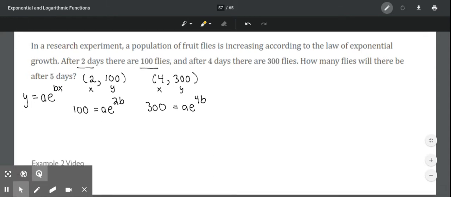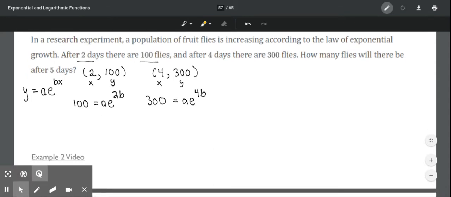So then the next step is we actually have to solve for our a and our b. It's kind of like when we solve systems of equations, we're going to divide these two equations. So if 300 equals ae to the 4b, then in a way we're setting up this ratio of 100 equals ae to the 2b.